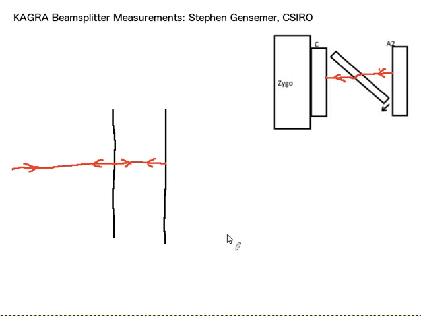Now, the first thing I want to point out is that the angle of incidence here depends on the slope of the beam splitter here. So what I mean by that is, for example, if I have a beam coming in, let's just imagine we draw a normal.